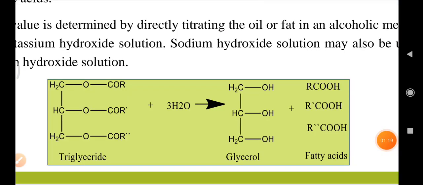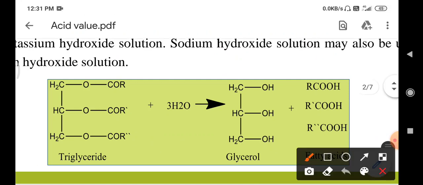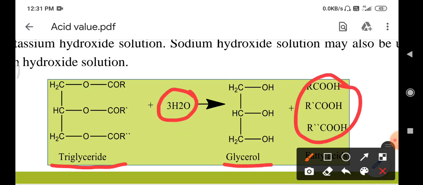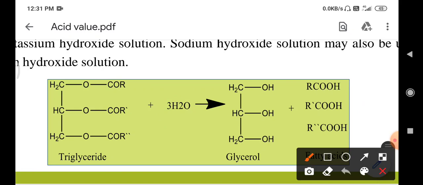The procedure is based upon the reaction of hydrolysis, which we have already discussed in our previous lecture. This is the reaction in which the triglyceride is hydrolyzed with water to produce glycerol and the free fatty acids. These free fatty acids are titrated by using potassium hydroxide or sodium hydroxide solution using phenolphthalein indicator.